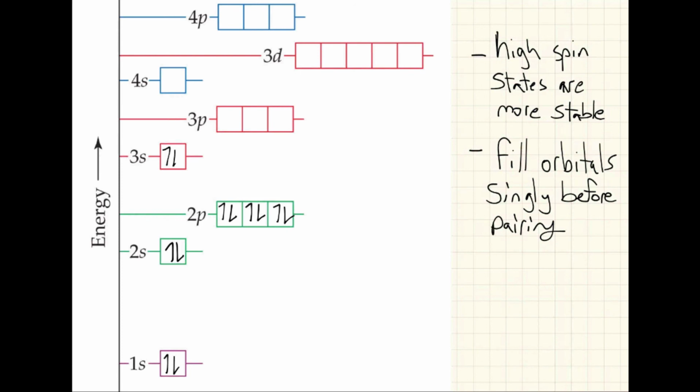Going on, of course, I would get to the 3s, and then I would get to the 3p, which I treat in exactly the same way as I've treated all the others, and fill singly before pairing, always in high spin states. And now I get to an interesting spot. My next best choice here is 4s. It seems better to go to the 4s right now than to the 3d. But that's okay.